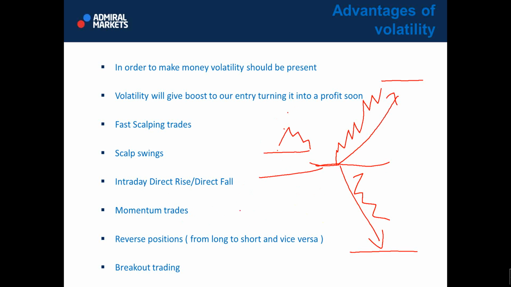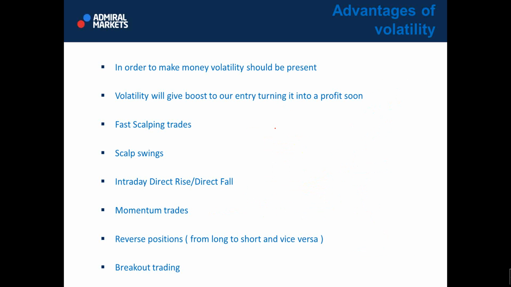Momentum trades, if you like to go with momentum, you will go with breakout trading. Momentum trades are breakout trades, and those really are dependent on good volatility. Because if you go with a breakout on low volatility, you will lose. And I can guarantee that 70% of the time you will lose.